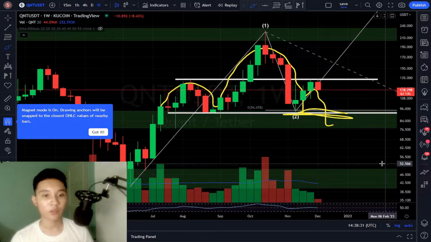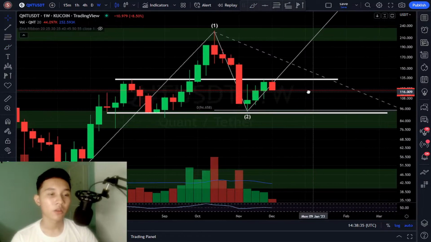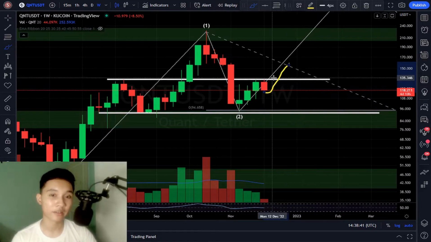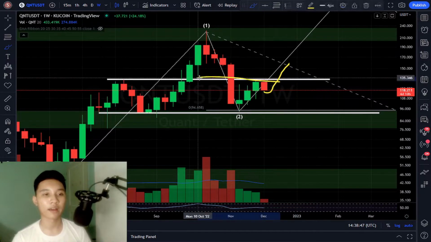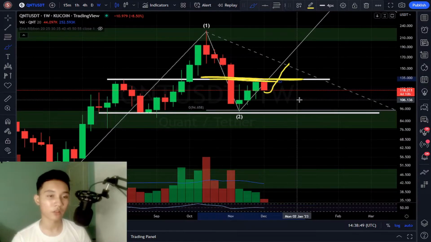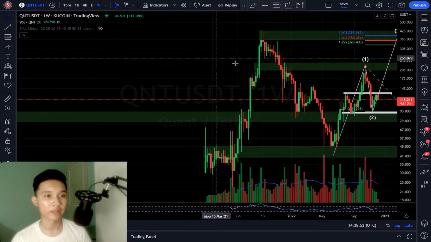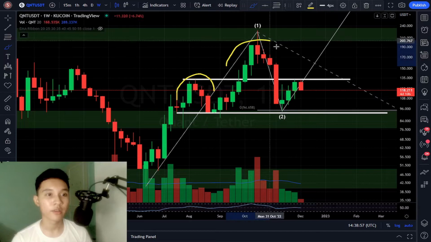So right now, in order to break this bearish scenario, I want to see Quant have an immediate pump to the upside, breaking $132 or $134. Yes, we must break that level immediately to cancel the idea of us forming this head and shoulders pattern in the weekly.